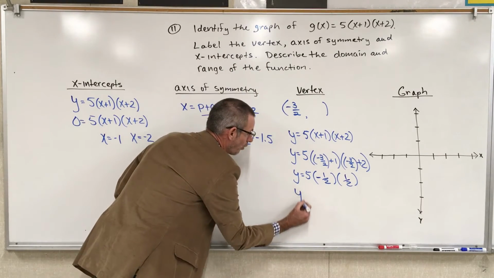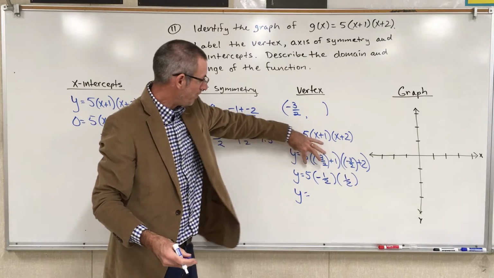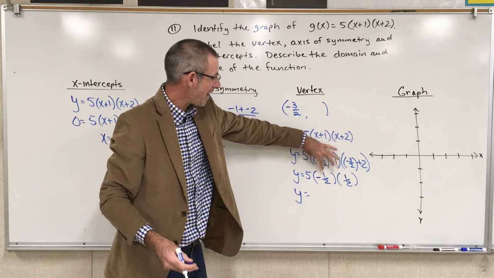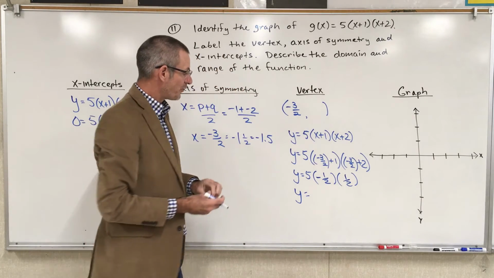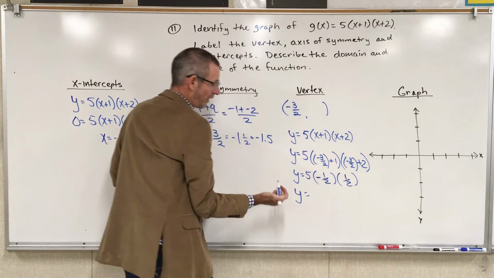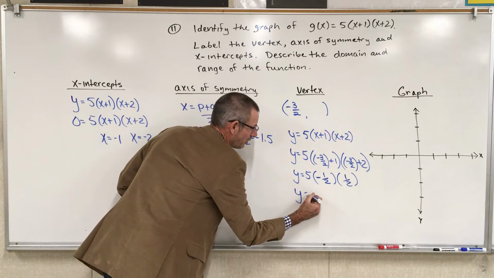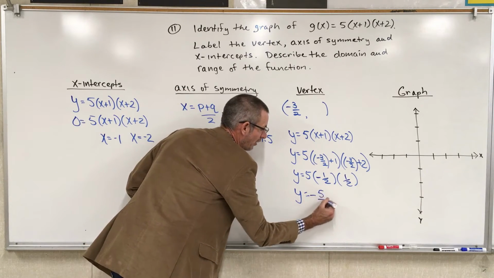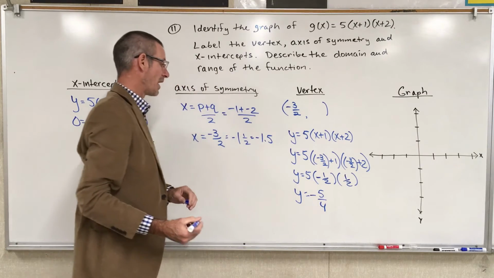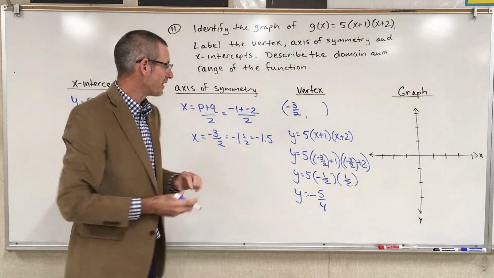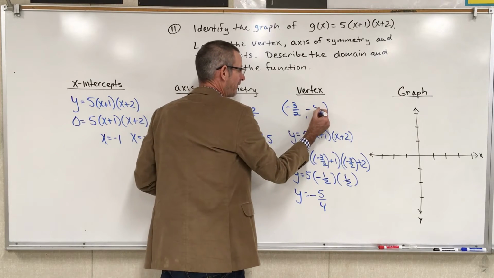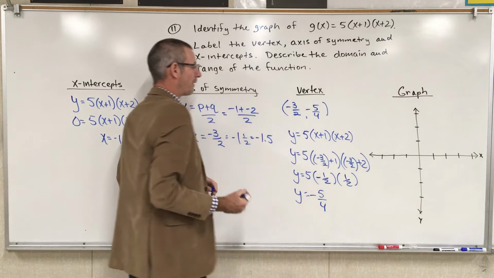So my y-coordinate of my vertex will be 5 times -1/2 times +1/2. If you do that on a calculator, or in your head, that will come out to -5 over 4. So the y-coordinate of my vertex is -5 over 4.